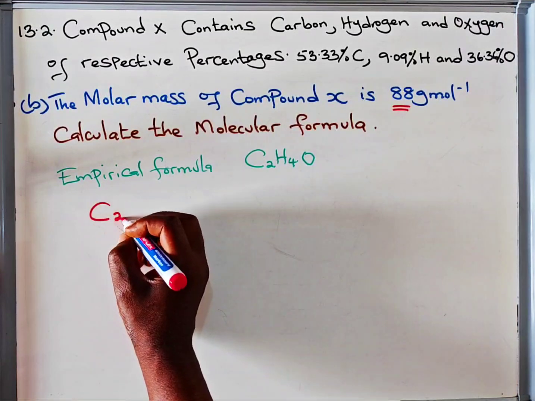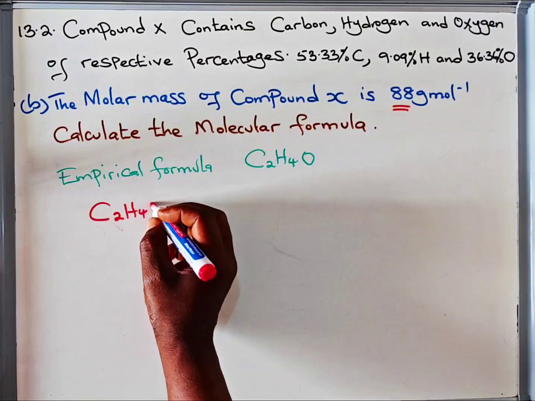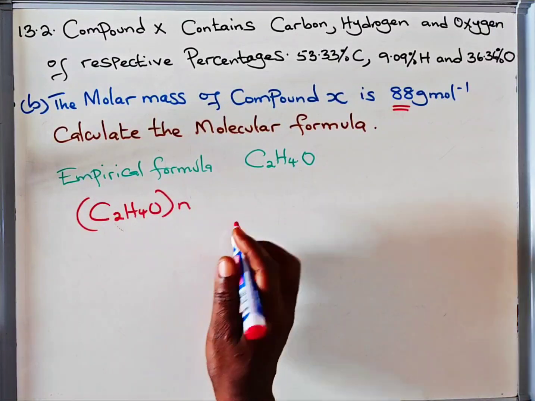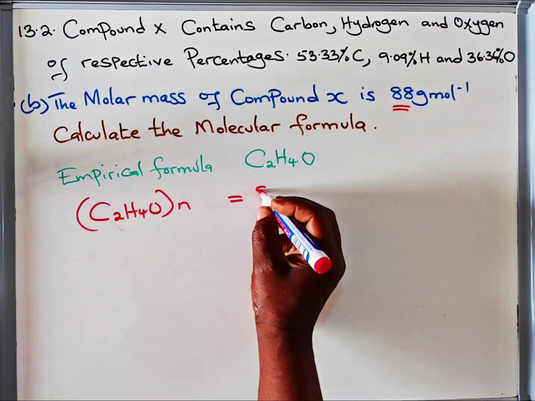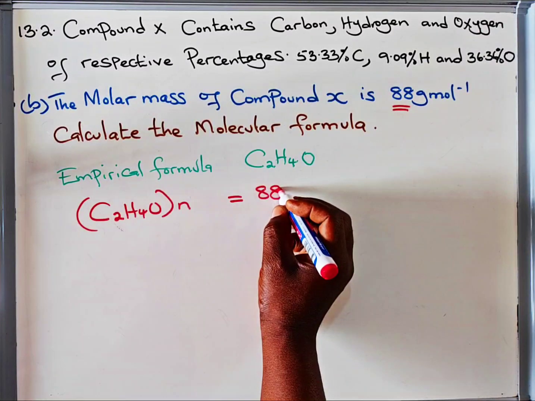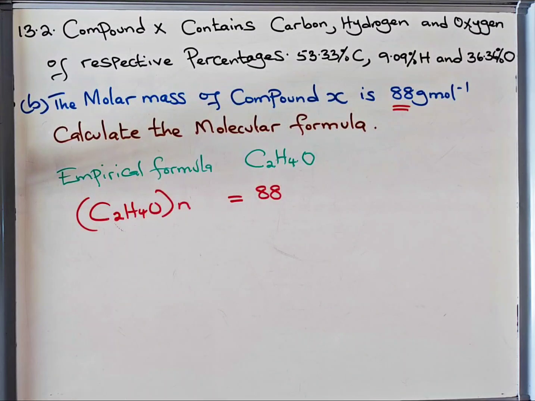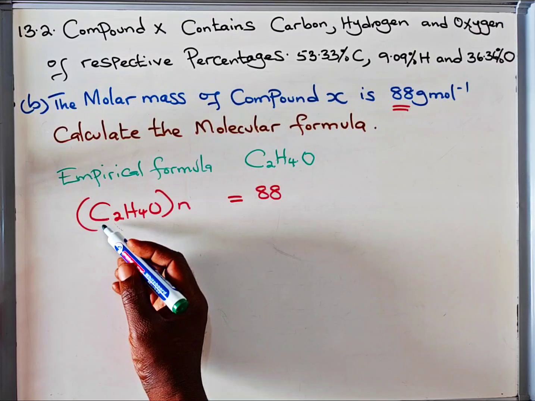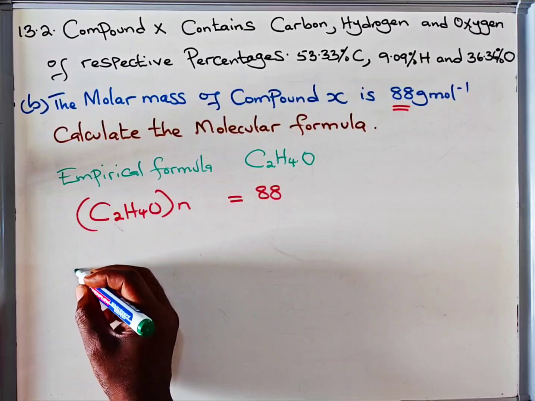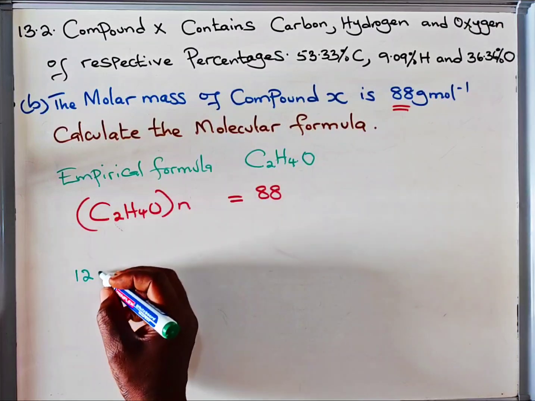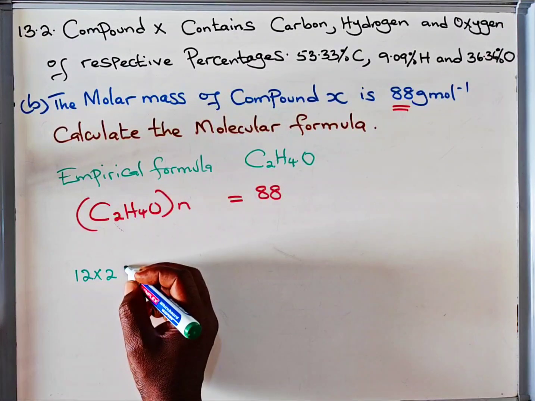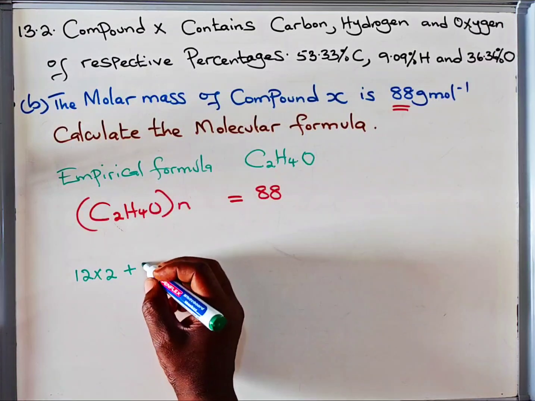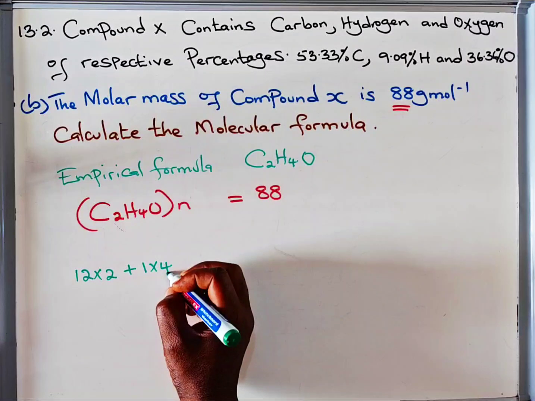You say empirical formula into n is equal to 88. At this level, what do we do? We know the atomic mass of carbon, which is 12, but here it's times 2. So you multiply by 2. Then you know the atomic mass of hydrogen, which is 1, but times 4.